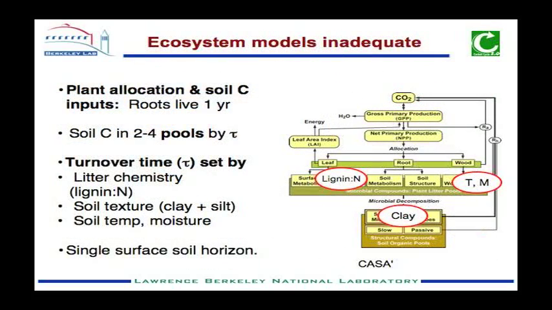In general, all ecosystem models for how carbon goes from being captured by photosynthesis to being stored in soils are still pretty crude. There's a lot of work that needs to be done on this, both in understanding the processes and understanding even the physics of the transport in the soil, and more importantly probably the role of microbial communities in moving carbon around and reconstituting it.